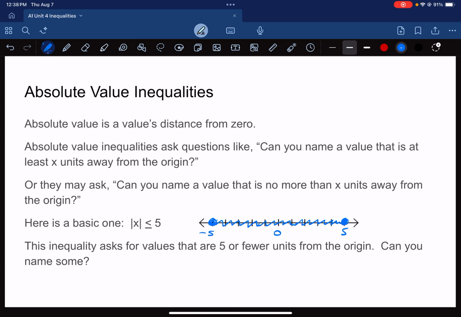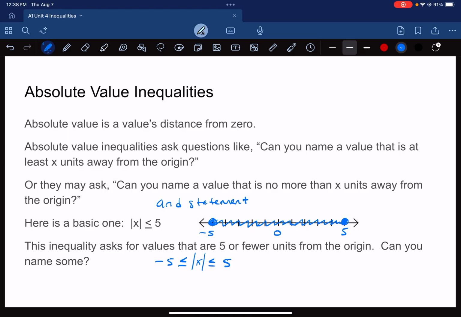So we end up with an AND statement, right? So the inequality asks for values that are 5 or fewer units from the origin. So we could write it like this: x's distance from 0 has to be greater than or equal to -5, and less than or equal to 5.